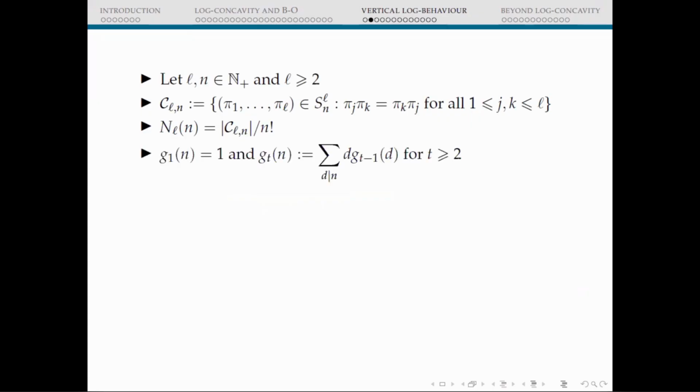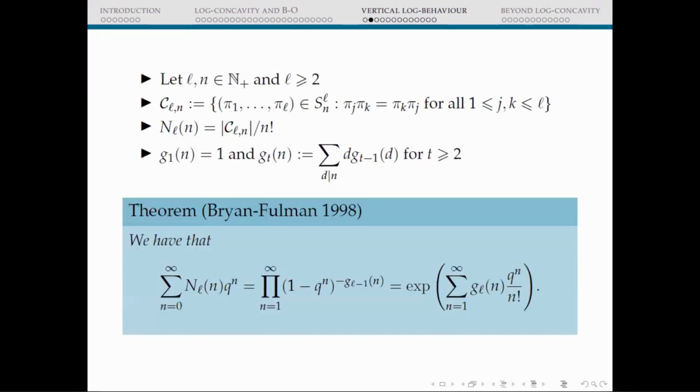and then we also need something. So this is actually not very important. The most important thing is that the generating function for this number is of the following form. And if we take L equals 2, then we obtain the partition function. So the number of partitions corresponds directly to the number of 2-tuples of pairwise commuting permutations.